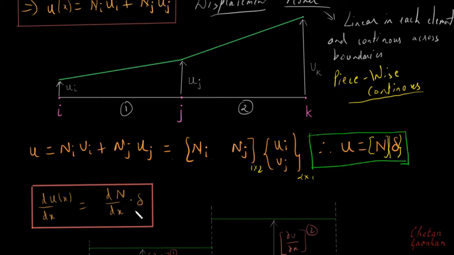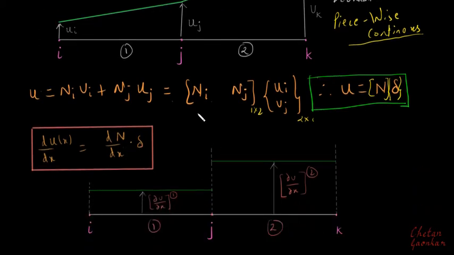And if I take the derivative of this displacement model with respect to x, and plot it over two adjacent elements, element 1 and element 2, I will observe that the derivative of the displacement model is constant in the element, but it will be discontinuous across the boundaries.